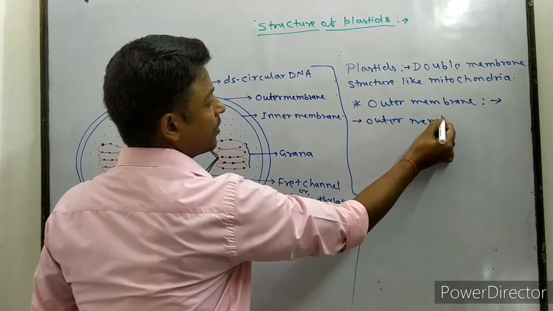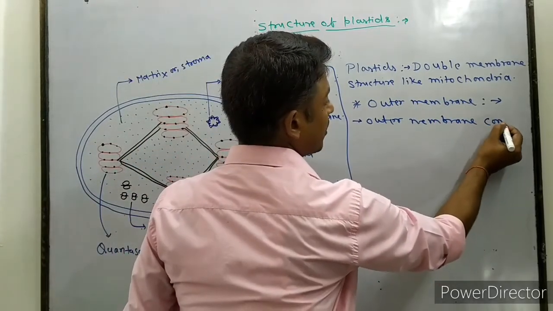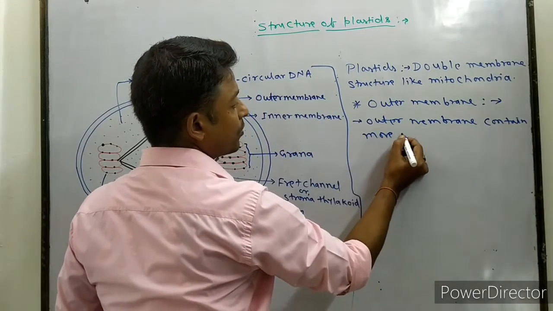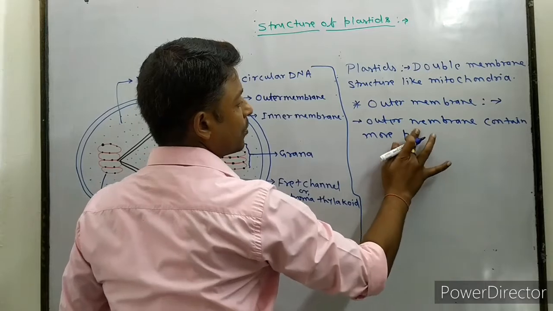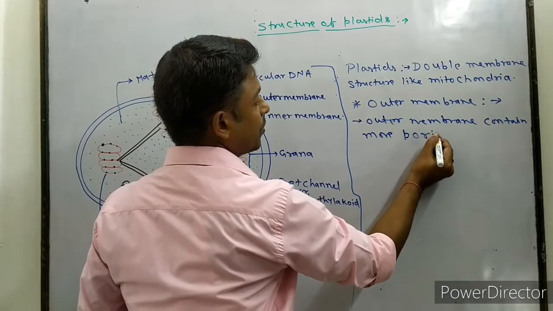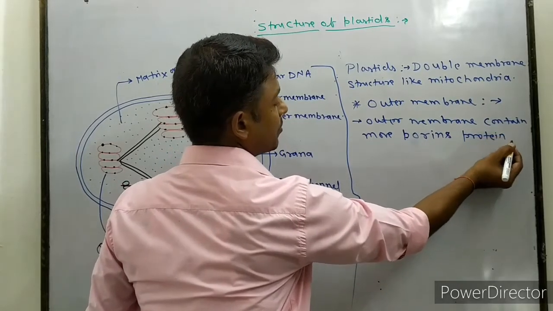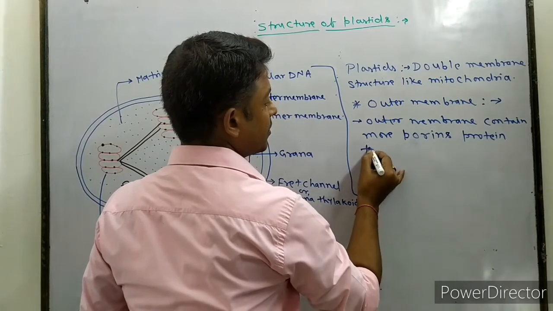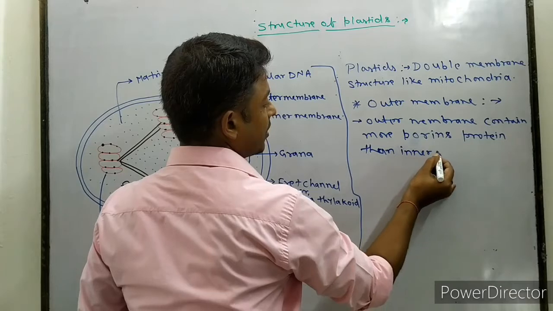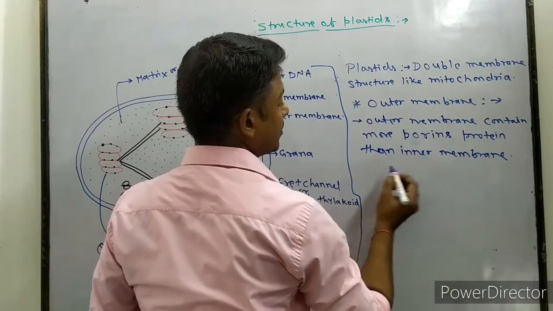The outer membrane contains more porins protein than the inner membrane.